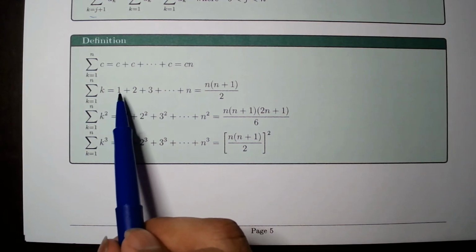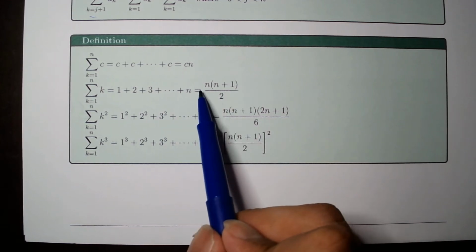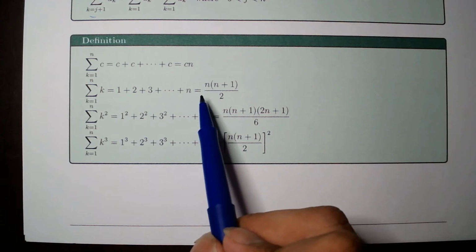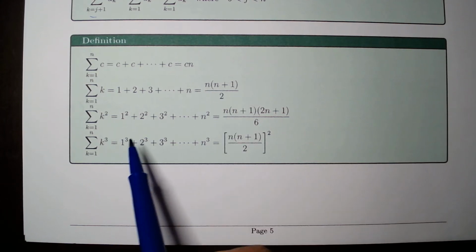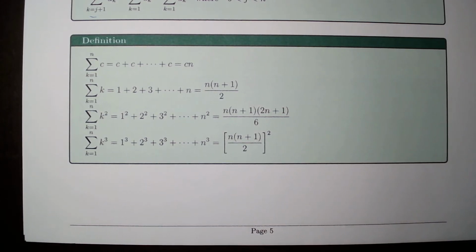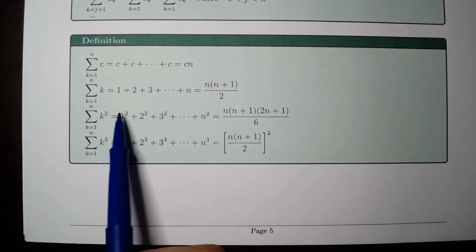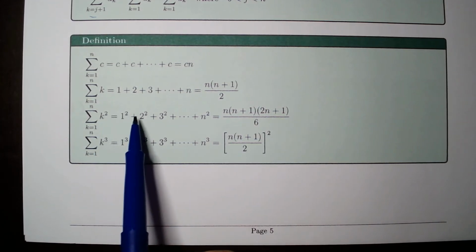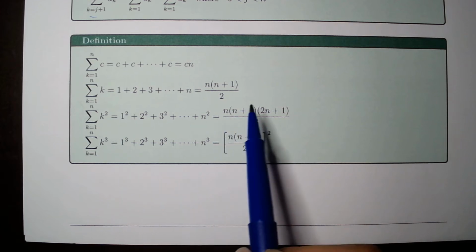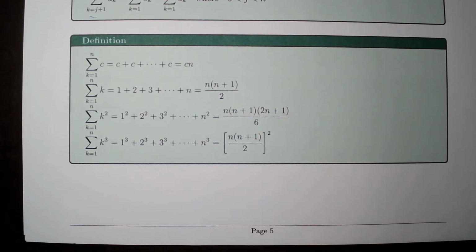Essentially, the sum of the first n integers is found by simply multiplying n times n plus 1 over 2. And we have a formula to find the sum of the first n perfect squares: n times n plus 1 times 2n plus 1 over 6.